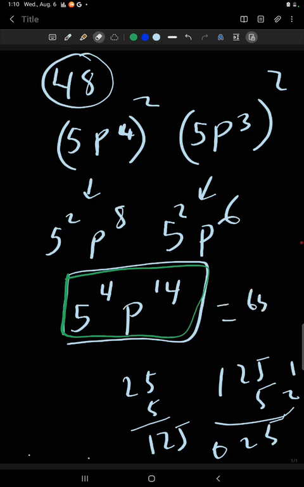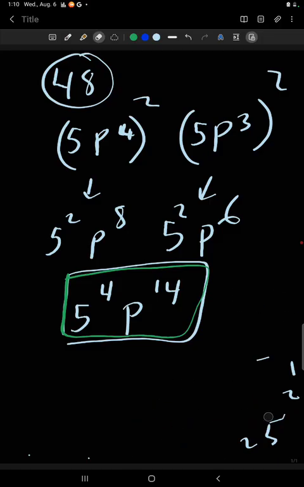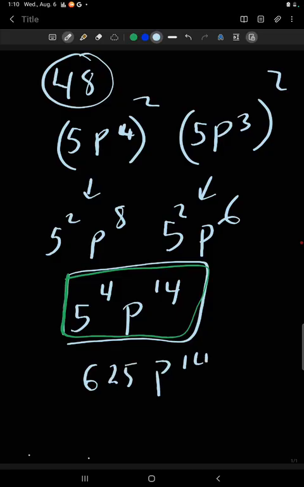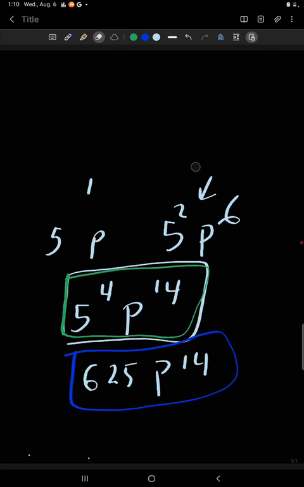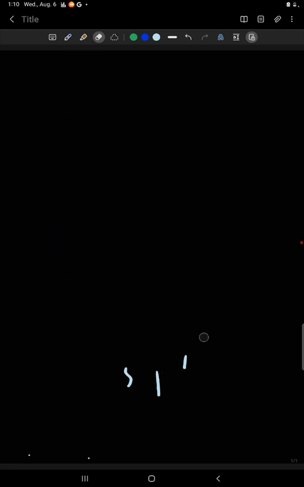So the answer could be given as 625 p to the 14th power. Let me erase all that stuff so that I put it clearly. The answer is 625 p to the 14th power. It's the same thing as I wrote before, just I made it clear what 5 to the 4th power is. Okay, that's 48. Let's look at 49.